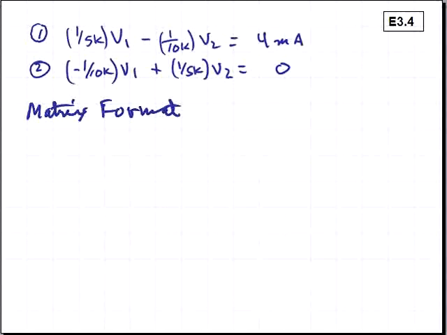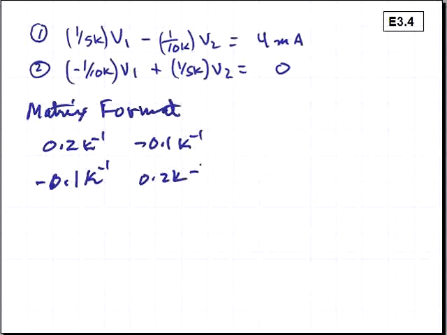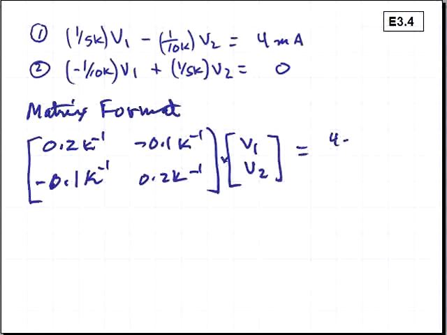So we can write down our conductance matrix, 0.2 K to the minus 1, minus 0.1 K to the minus 1, minus 0.1 K to the minus 1, and 0.2 K to the minus 1, times the voltage matrix V1 and V2, is equal to the currents 4 milliamps and 0.